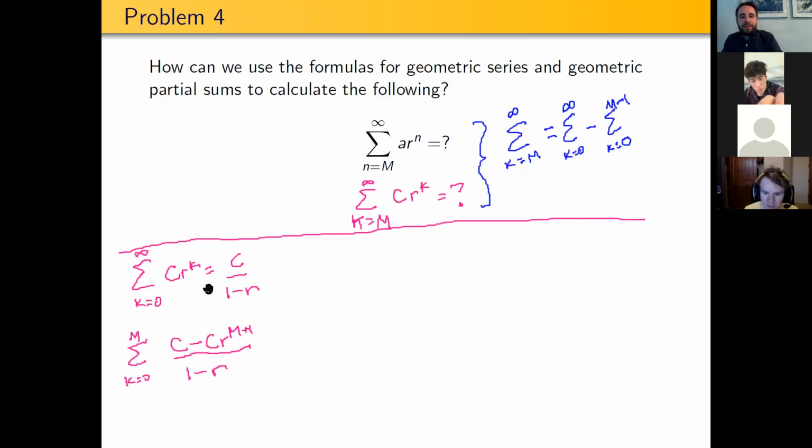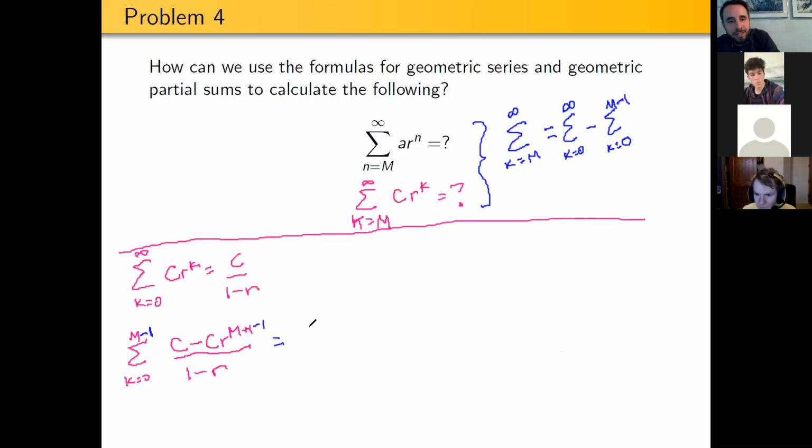And so if I want to do that, then I'm going to need to be able to get a formula as k goes from 0 to m minus 1. And so to do that, I'm going to get this formula down here. That plus 1 and that minus 1 will cancel each other right out.